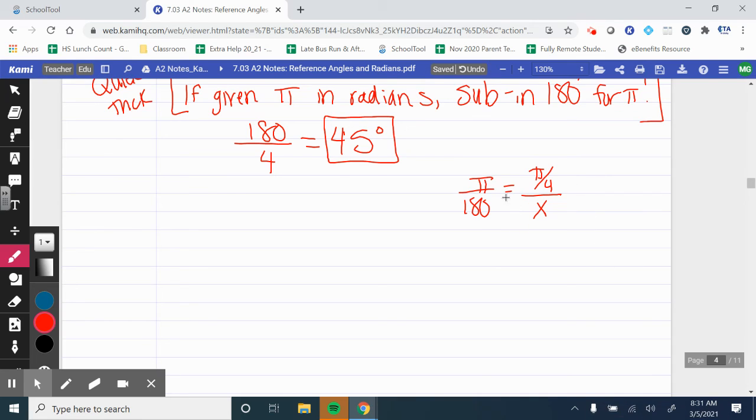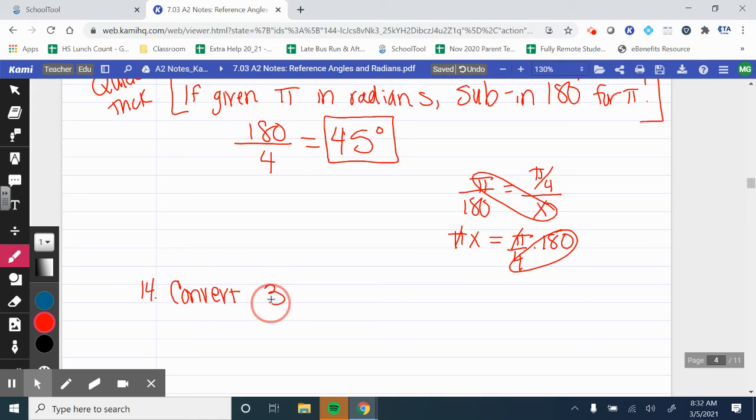And then you could cross multiply. Here's where it does get a little tricky, because you have pi x equals pi over 4 times 180. Then you could reduce the 180 over 4, and your pi's would cancel out, leaving you with x equals 45. But again, that's a much harder way to do that if you're given a pi.